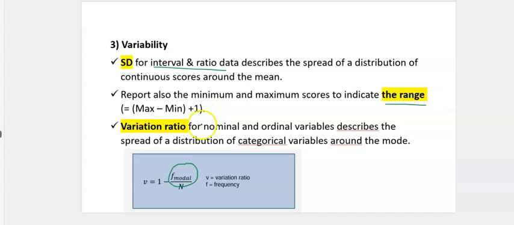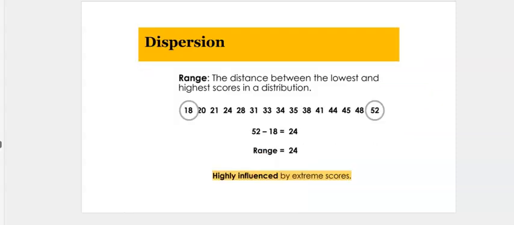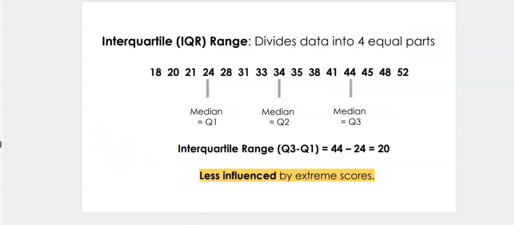Some scholars consider that this is correct. But here we have a different way: 52 minus 18 is 24. Other scholars will add the 1, and then it will be 25. But anyway, that depends on the scholar. So that is the range from the maximum and the minimum.